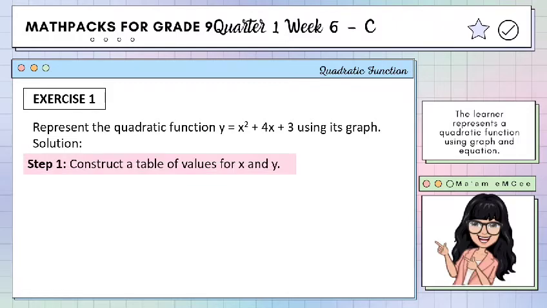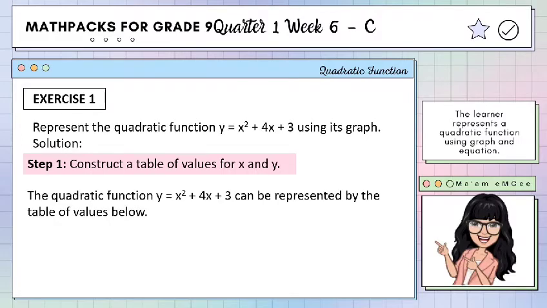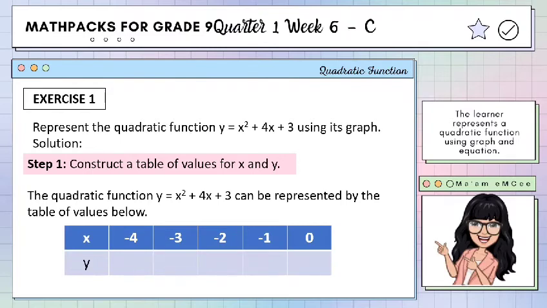Again, we'll follow the 3 steps. So step 1 is to construct a table of values for x and y. So the quadratic function y is equal to x squared plus 4x plus 3 can be represented by the table of values below. So we have here, again, we will be assigning values to our x to get the values of y.